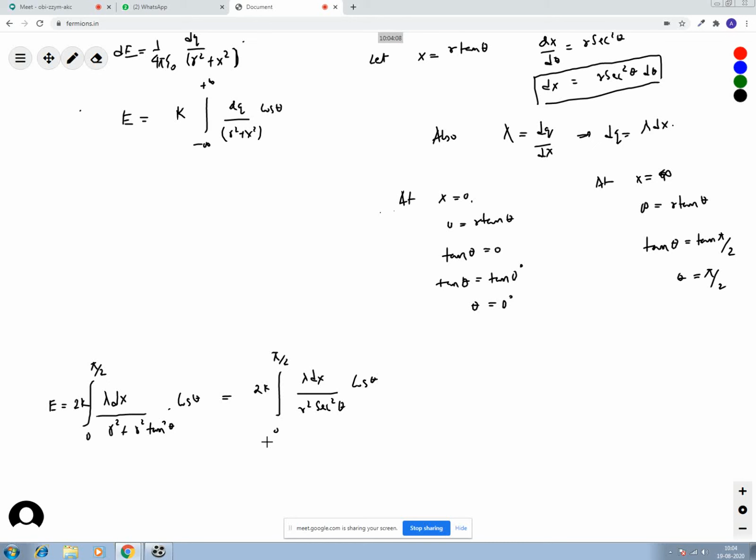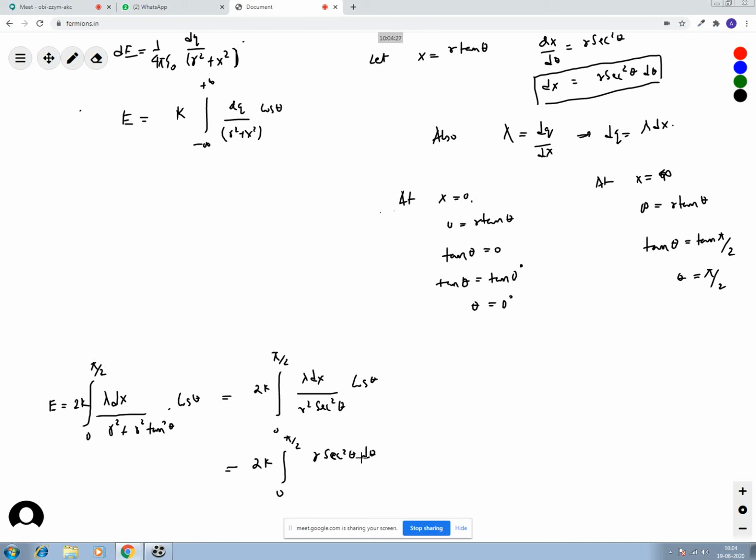Into cos theta, which we can write as 2k integral 0 to pi by 2, lambda, then it would be r sec square theta d theta.